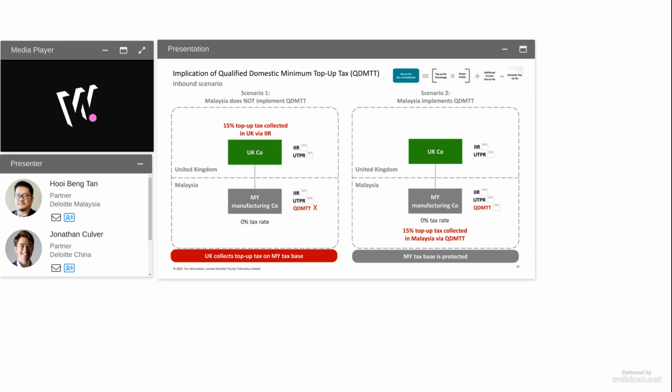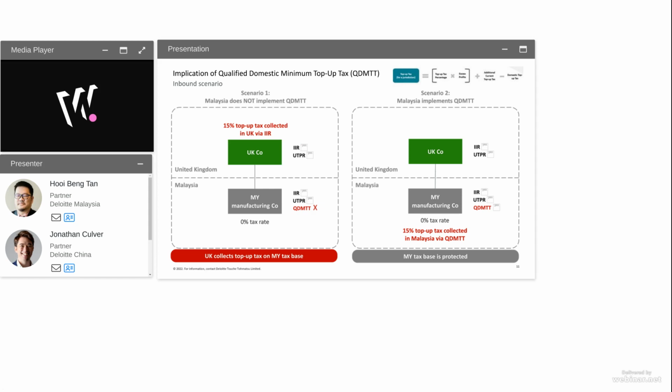And in Malaysia, even though economically tax is being paid in respect of Malaysian profits, there'll be no tax collected at that level. Now, if we look at scenario two, this is where Malaysia has implemented a QDMTT, and so this pushes down the taxing right effectively into Malaysia.